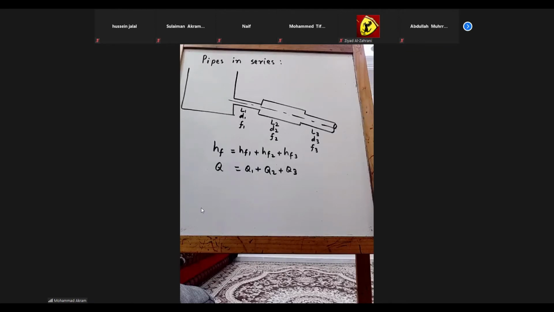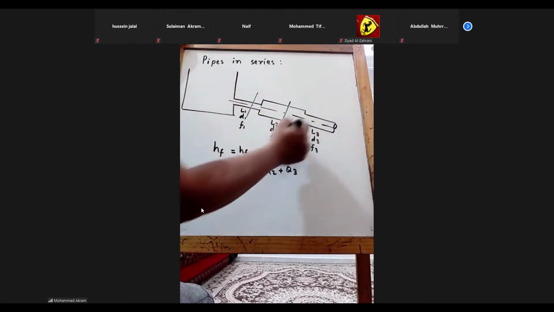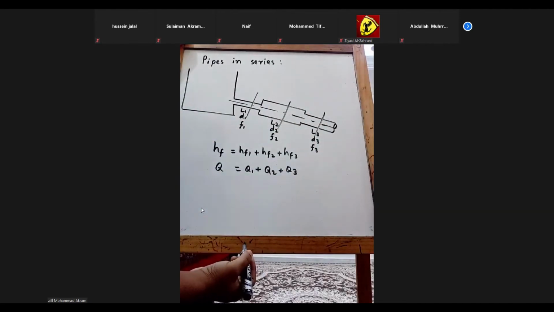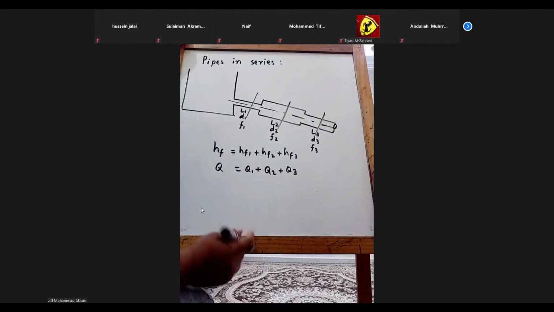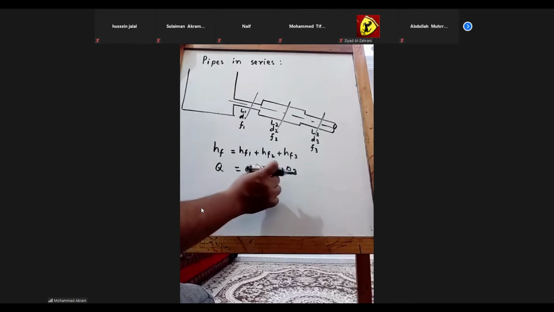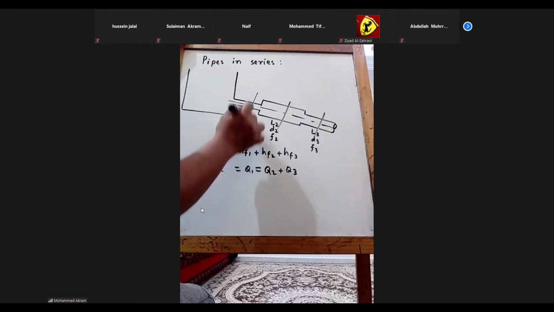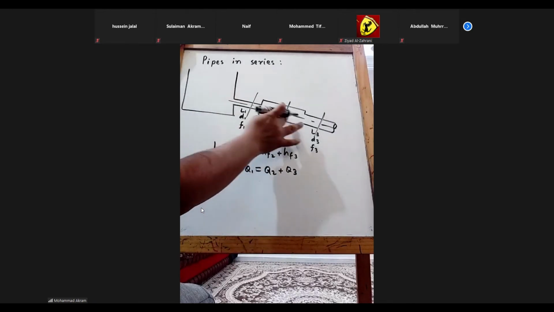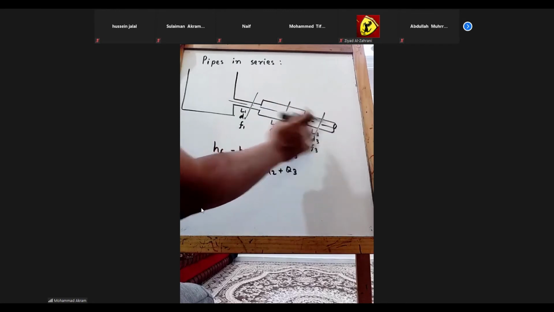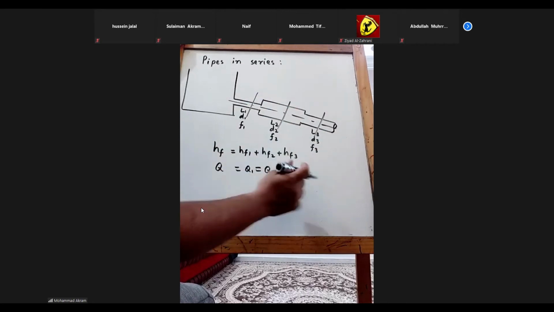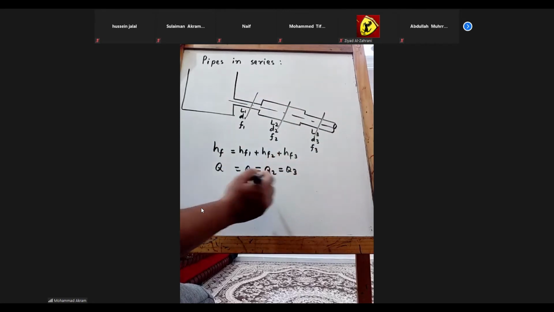Q1 is equal to Q2 is equal to Q3. Yes, exactly. Because discharge is going to be the same. We know that, the continuity equation. Whatever mass is going from here is the same mass here and the same mass here. Only velocity and area are changed, right? So Q is equal to Q1 is equal to Q2 is equal to Q3.